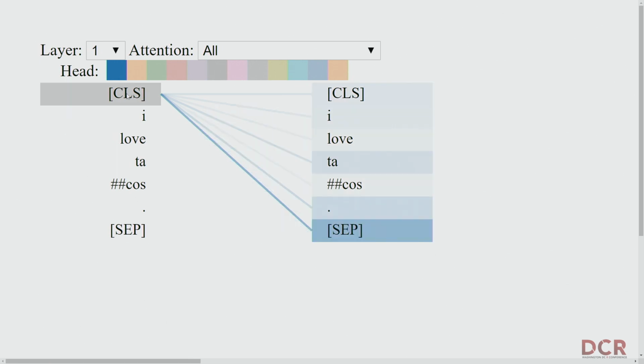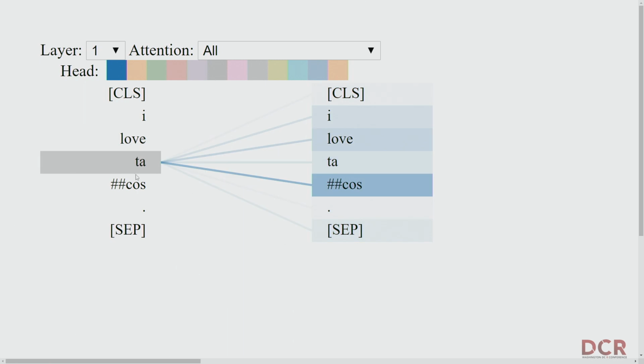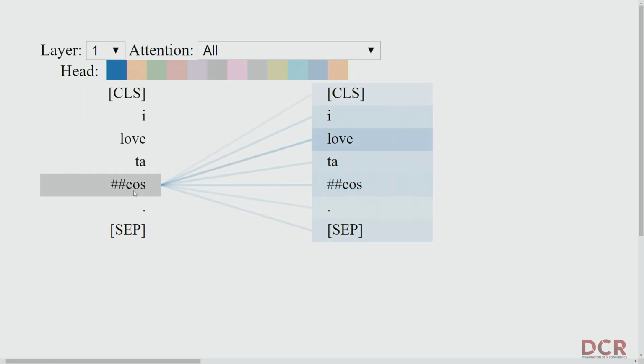In this head, it does some math and decides what other words in the sentence each token should pay attention to. The CLS token, short for class, is like an overall token for the whole sentence. Each word is given a weight of how much it should pay attention to each other word, and then it uses that weight to update its own vector. As you go through the layers, the vectors change. We're going to see how that comes out.